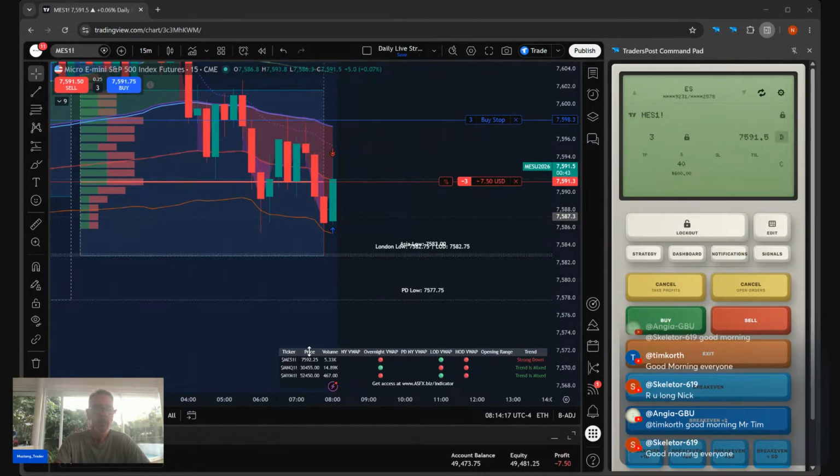All right, I got that switched back over to the continuous contract. 75.80 is the level, not 75.18. So 123 orders at 75.80. Not a whole heck of a lot above us.